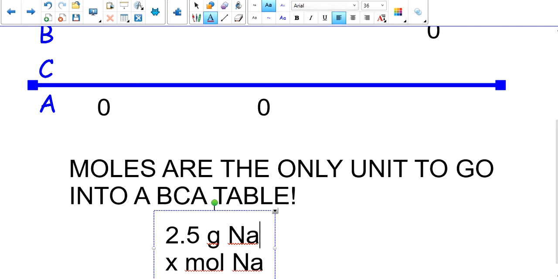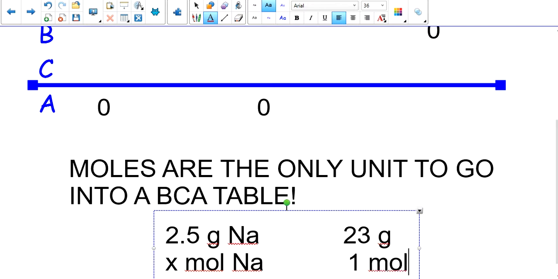According to the periodic table, if I just go to the periodic table and find sodium, I'm going to find that the molar mass of sodium is 22.99, but we're going to round that to 23. The units, when you look it up on the periodic table, are grams per, this is key, per 1 mole.